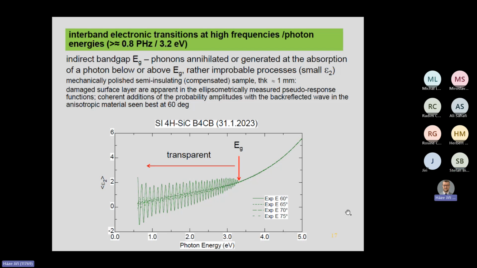I have chosen the ellipsometric spectrum on an epitaxial structure and presented it as the imaginary part of the dielectric function, the absorptive part of the permittivity here. This is the photon energy, which is the usual quantity to show.